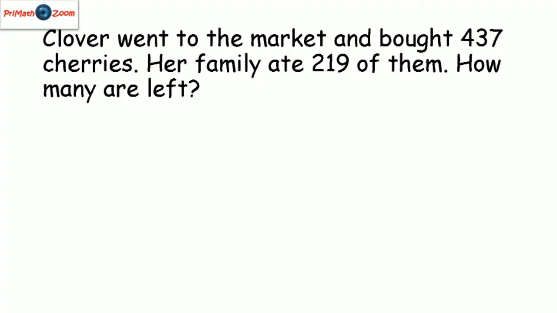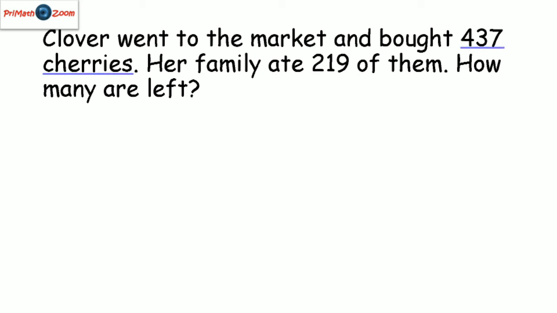Let us look at this other story problem. Clover went to the market and bought 437 cherries. Her family ate 219 of them. How many are left? As usual, when we are trying to solve a story problem, we must underline the important points. So here we could say that 437 cherries are important because she bought that.